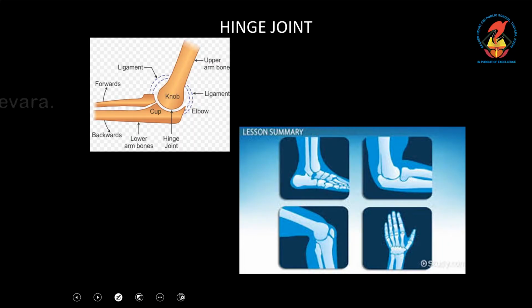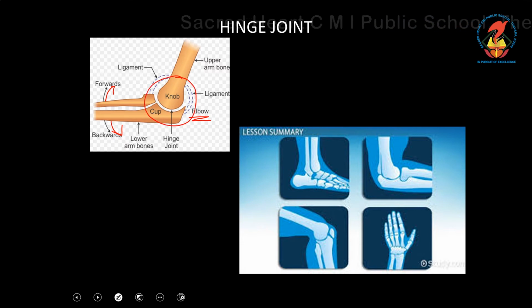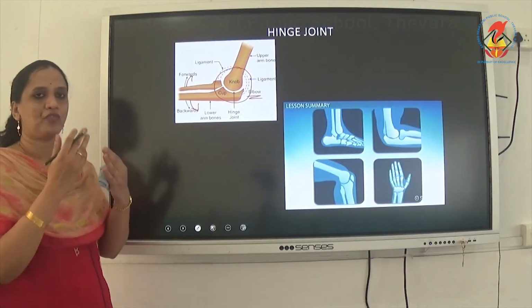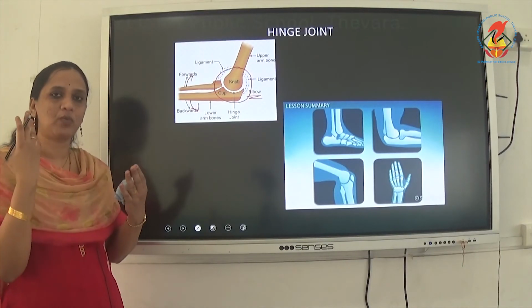One example is your elbow. You can see you can take the elbow forward and backward just like a hinge of a door. So this elbow, this part acts like a hinge, and you can take your elbow forward and this bone forward and backward.